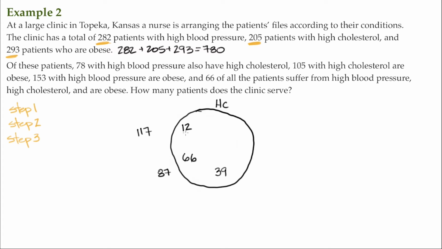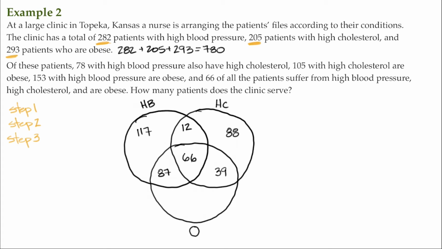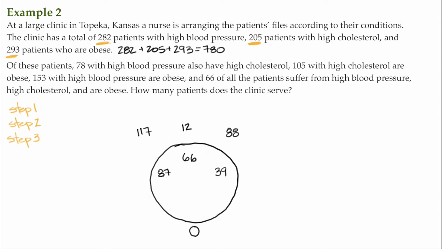I already have 12, 66, and 39 accounted for. I still need 88 more to get me up to the 205 who have high cholesterol. And then, of course, we have 293 patients who are obese. I already have 87, 66, and 39 accounted for. I still need 101 to get up to the 293 patients.